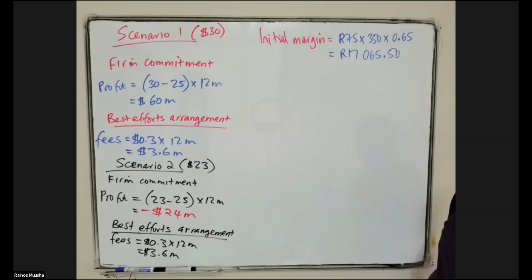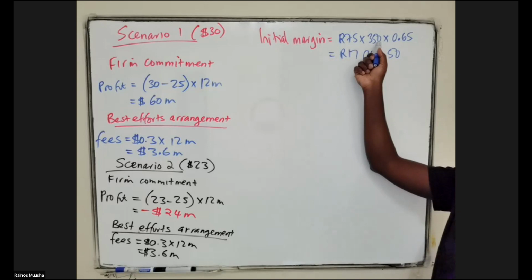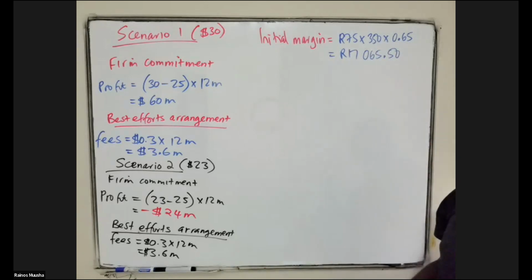Okay, but I'm still not getting that. Remember, it's 75 rand per share, it's 350 shares, and the margin is 65%.